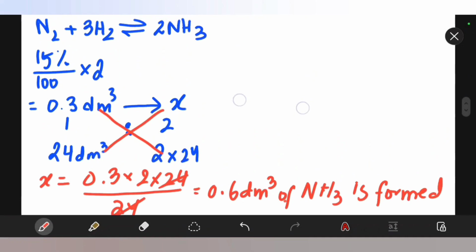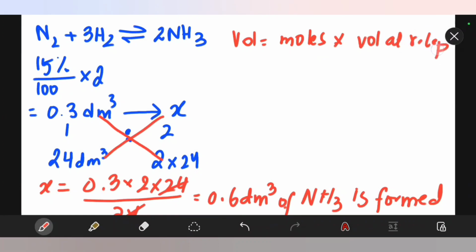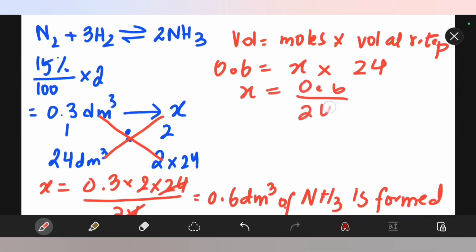Now, using this, you can find out the moles. So there's a formula of volume is equals to moles into volume at room temperature. So volume is 0.6, moles we don't know, and 24. X is equals to 0.6 divided by 24, which is going to be 0.025 moles of ammonia.